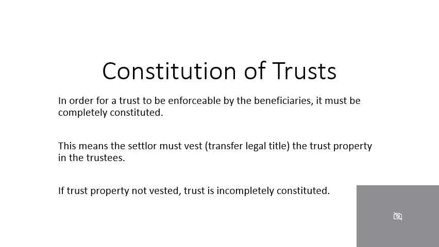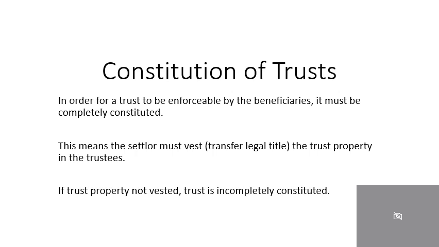So that sentence, for a trust to be enforceable by the beneficiaries, it must be completely constituted, has a couple of technical terms. The first is enforceable. What does enforceable mean? Enforceable means that the beneficiaries are able to go to court and apply and be granted the equitable remedy of specific performance.